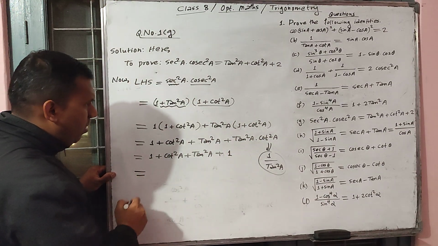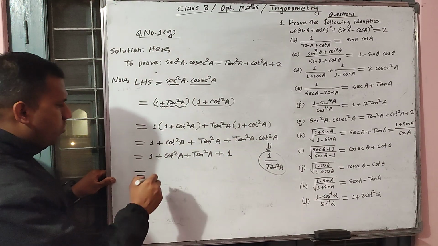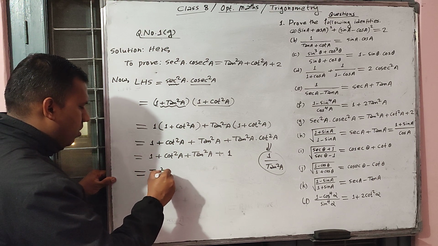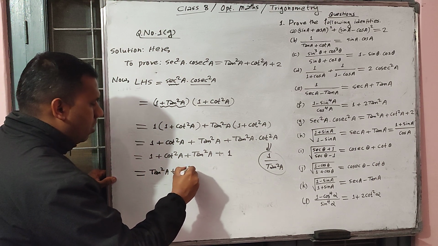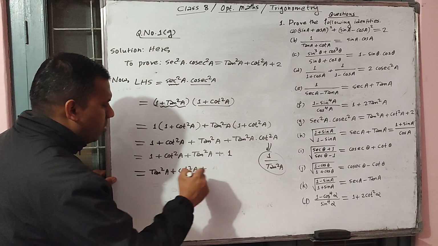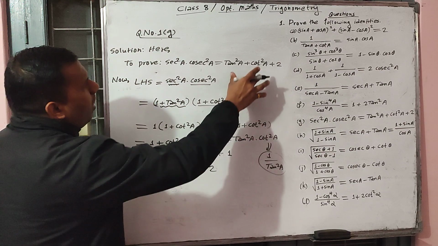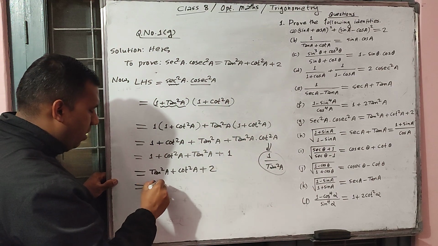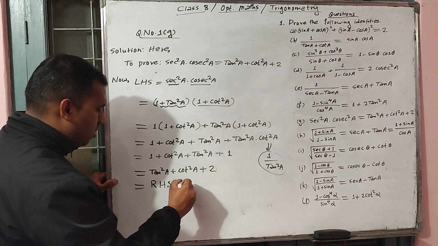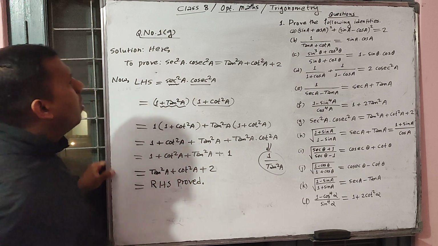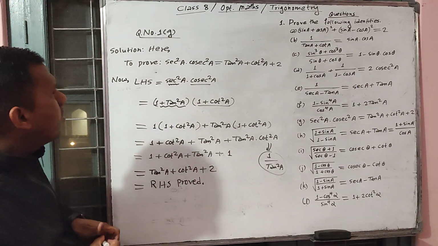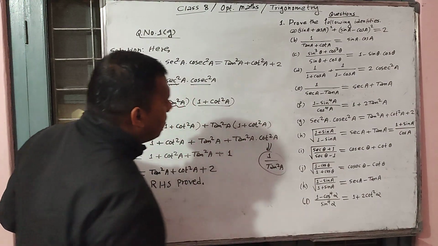So finally we get this equal to tan square A plus cot square A plus 1 and 1, adding together it makes 2. That is our RHS. So you can write RHS, proved. Okay students, now we go to the next question.